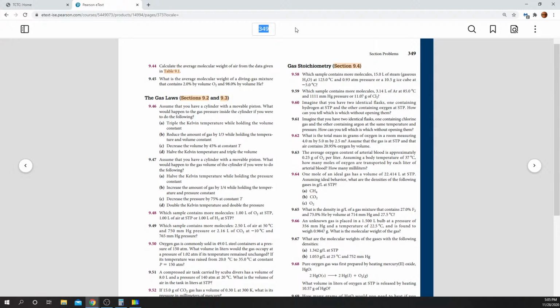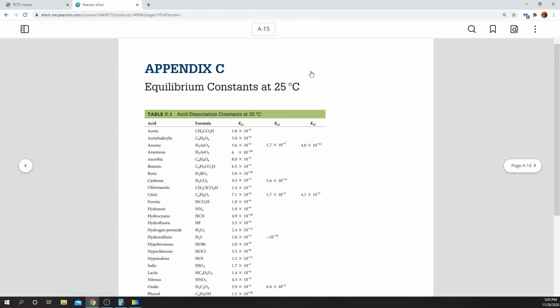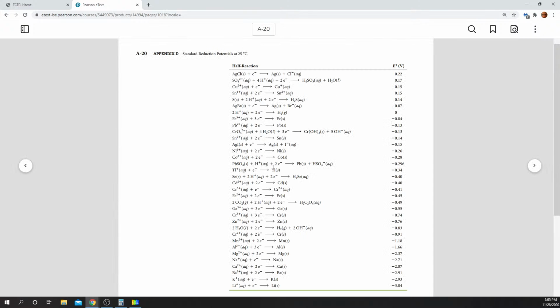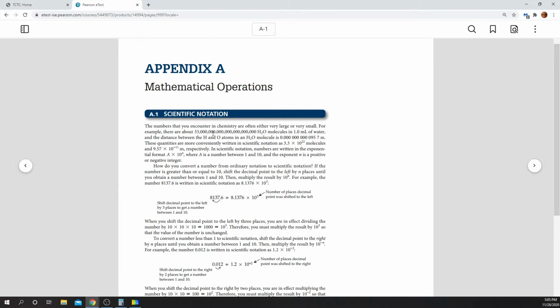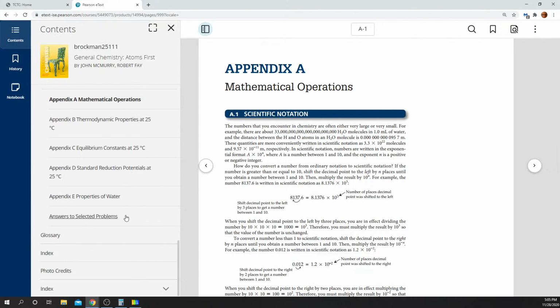Okay, so let's go ahead to probably A14. No. Oh, I'm thinking of A20. A1. Okay. I obviously do not have this memorized.